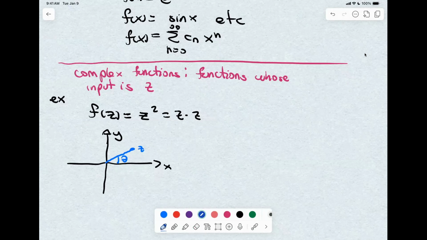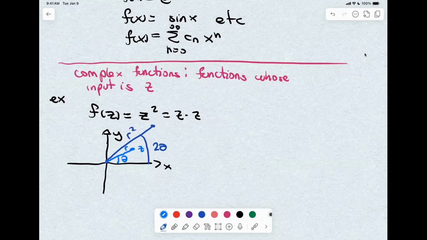So now it would be an angle of 2 theta. And the magnitudes, the lengths, multiply. So the length is not twice as much, it's r squared, if this one had length r.